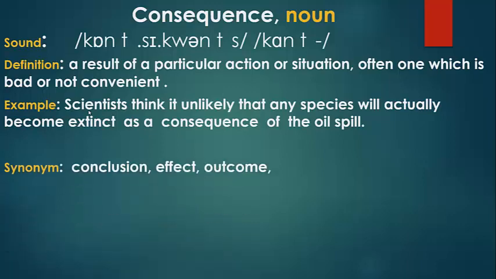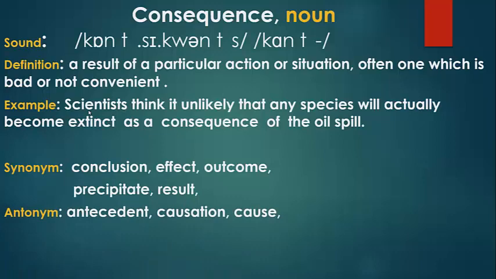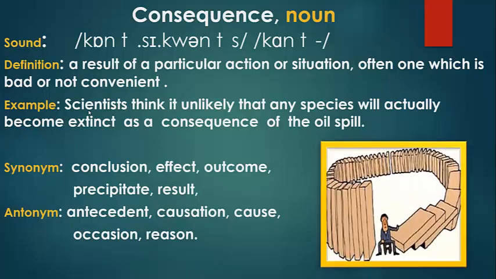We have synonyms: conclusion, effect, outcome, result, precipitate. We have an antonym: antecedent, causation, cause, occasion, reason. All these are the possible and acceptable synonyms and antonyms for this word.